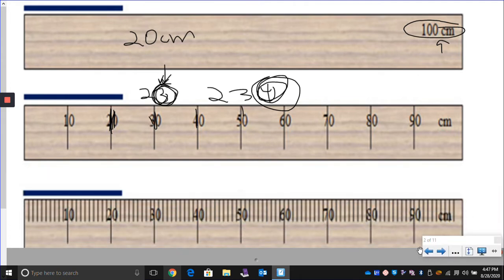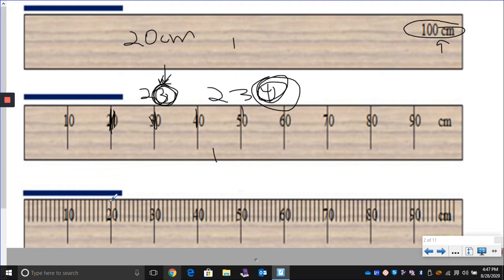This final ruler I have here is the most precise of all. It goes by every single centimeter. So it's much more precise than the one up top and the one in the middle. If it goes by every centimeter, that means my last significant figure will be 1 place value past that, in the tenths place.